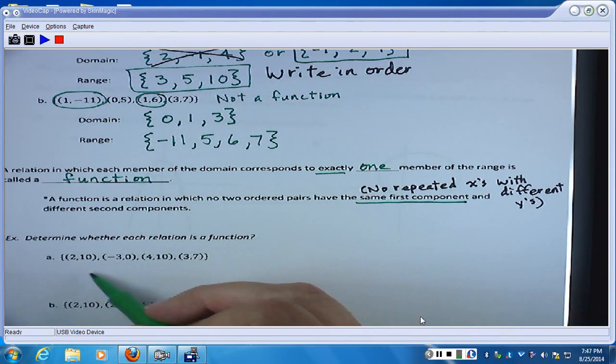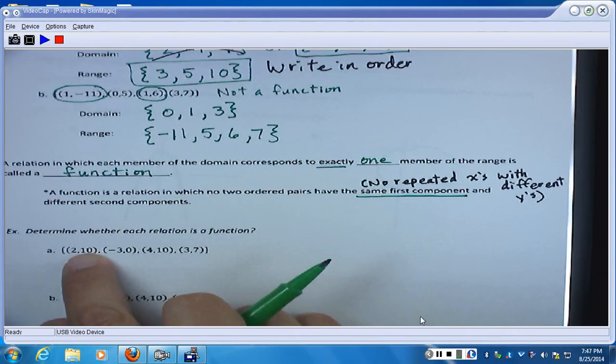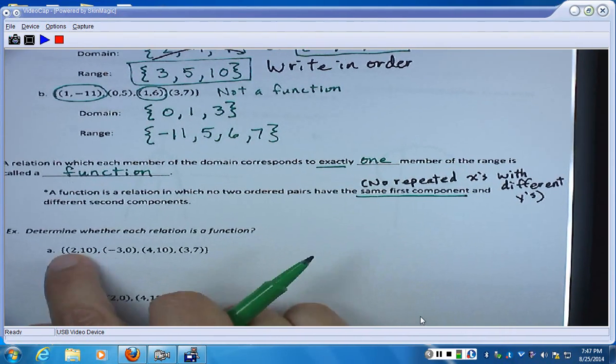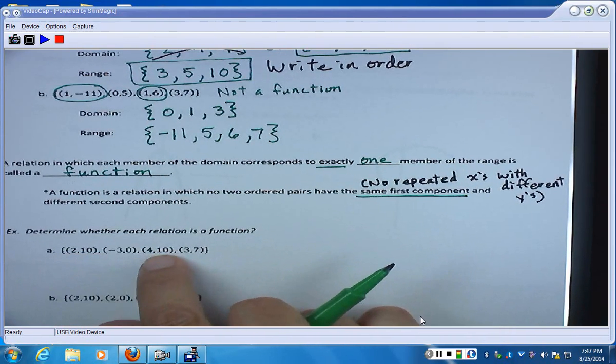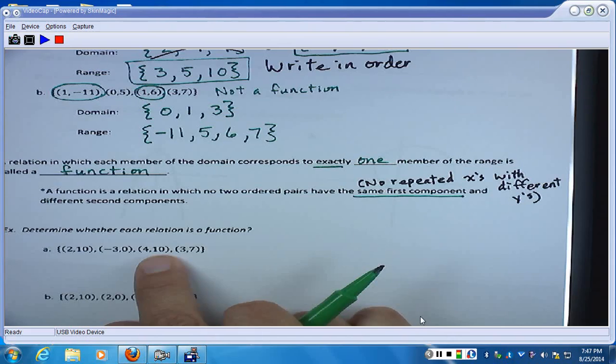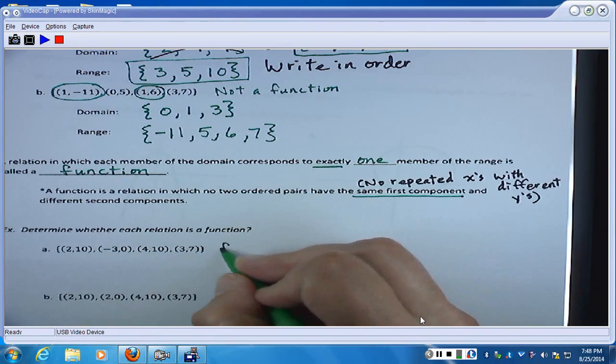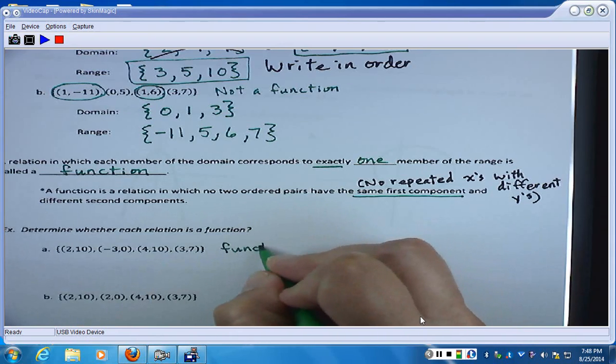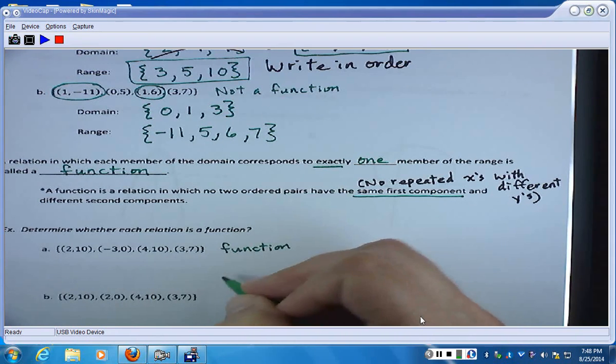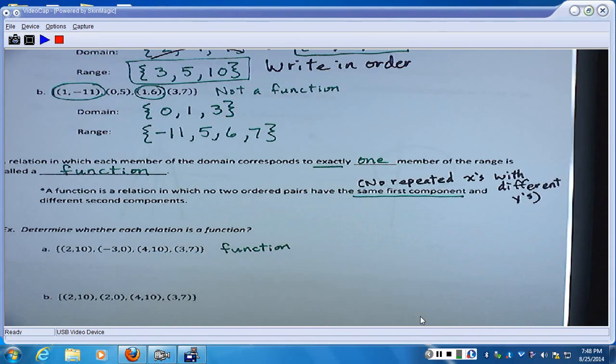No. So it doesn't matter that we have a 2, 10 and a 4, 10. It's still a function. We can have repeated y's with different x's. We just can't have the same x's with different y's.